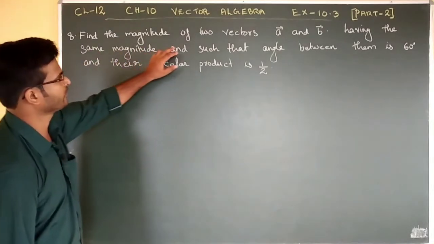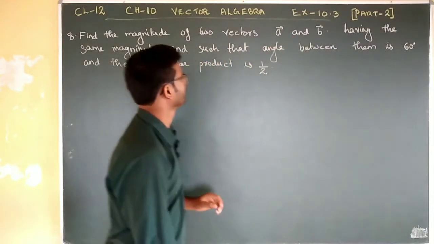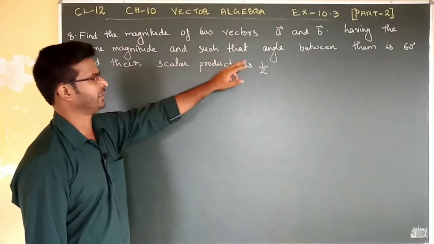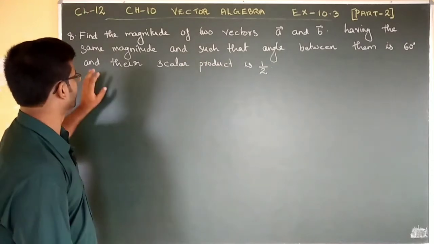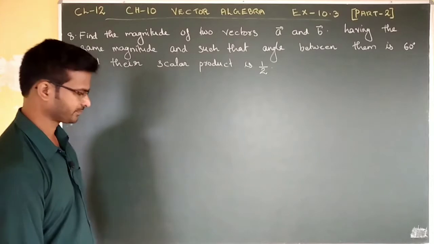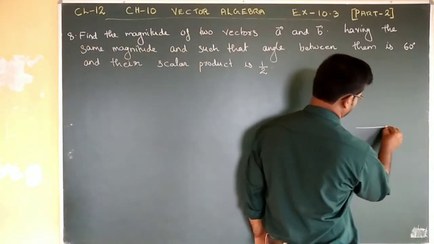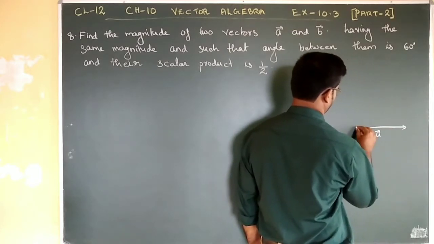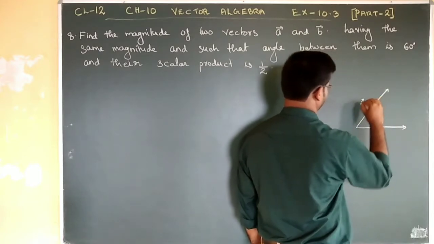Find the magnitude of two vectors A vector and B vector having the same magnitude and such that the angle between them is 60 degrees and their scalar product is 1 by 2. Consider two vectors, the first is A vector and the second is B vector.